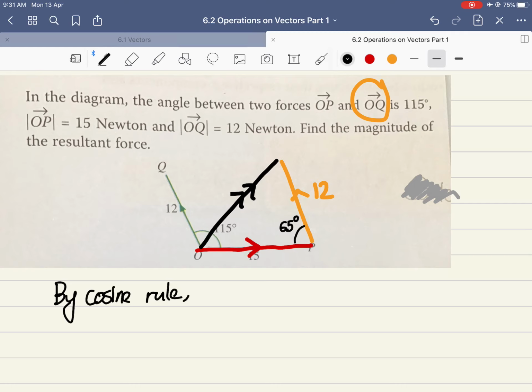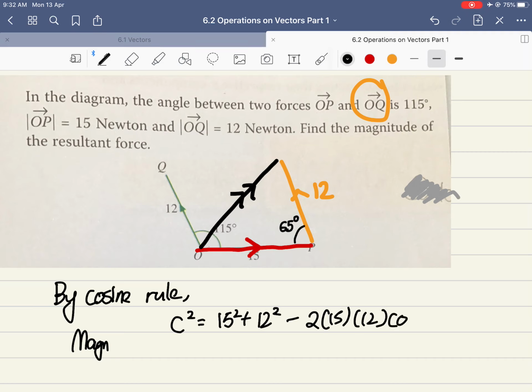By cosine rule, the magnitude of the resultant force, c squared, is equal to 15 squared plus 12 squared minus 2 times 15 times 12 times cosine of 65 degrees.